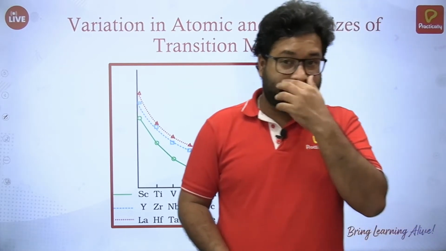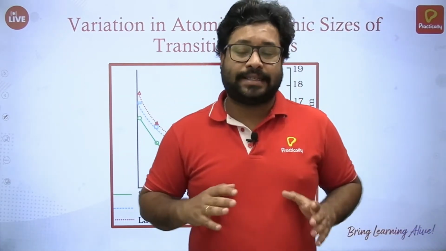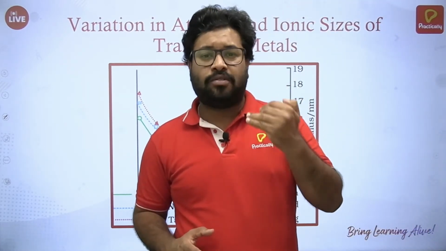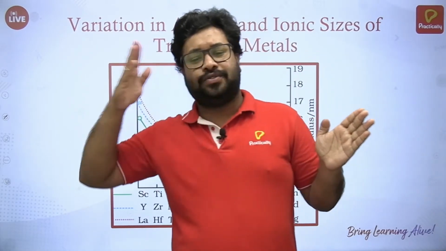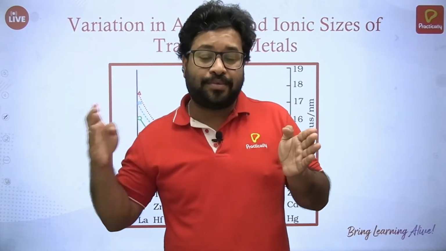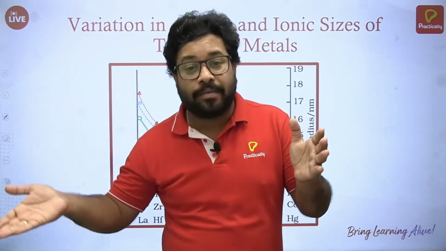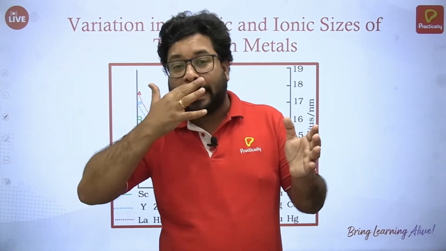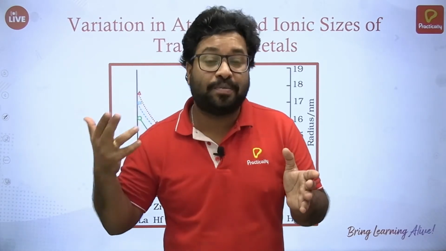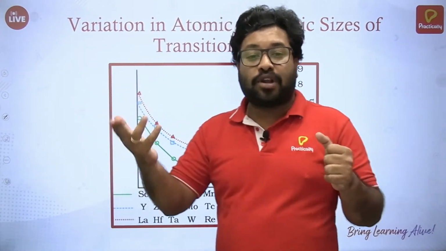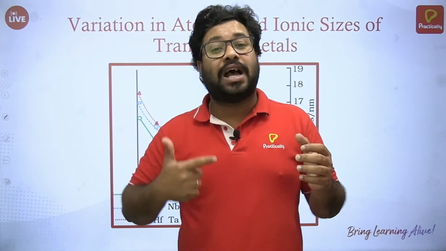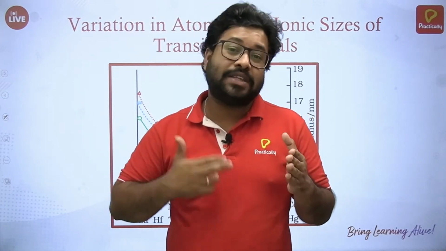Okay, but the picture is not that straightforward when we are talking about elements going from left to right. Because when you go from left to right, what is happening? Atomic number is increasing. Atomic number means the number of protons is increasing. So when the number of protons is increasing, the nuclear charge is also increasing.